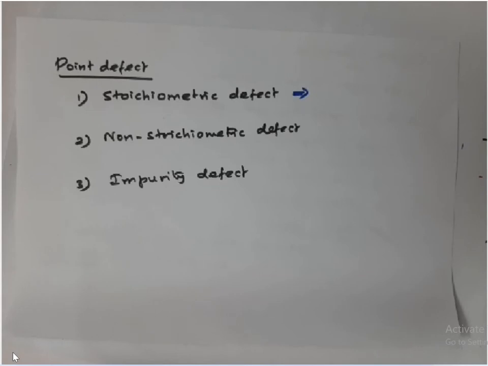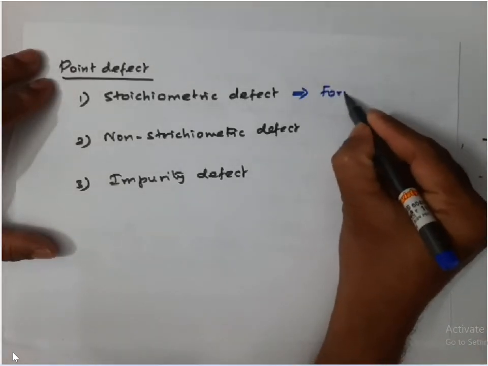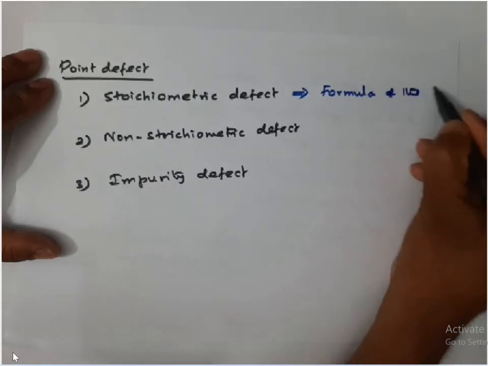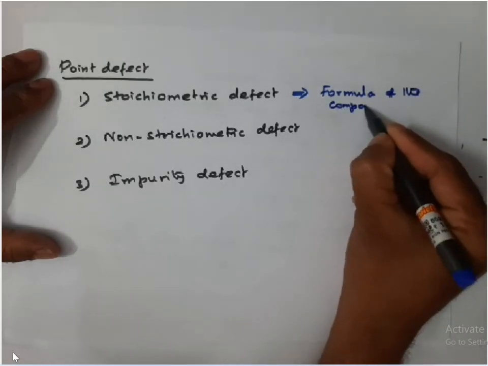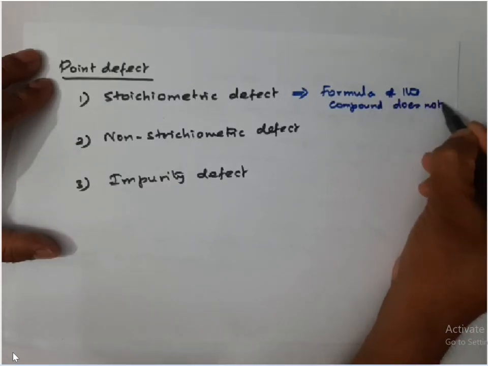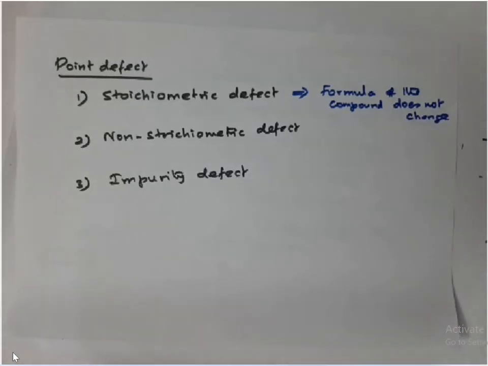Even after the defect, if the formula of the crystal doesn't change, we call those defects stoichiometric defect. So in stoichiometric defect, the formula of the compound which forms the crystal does not change.